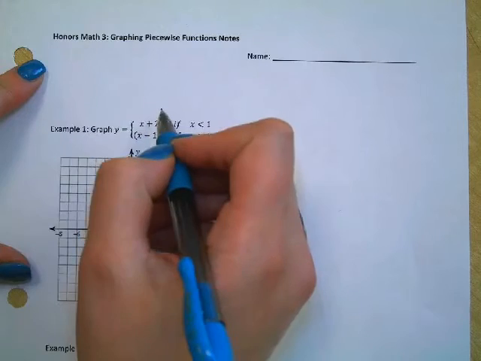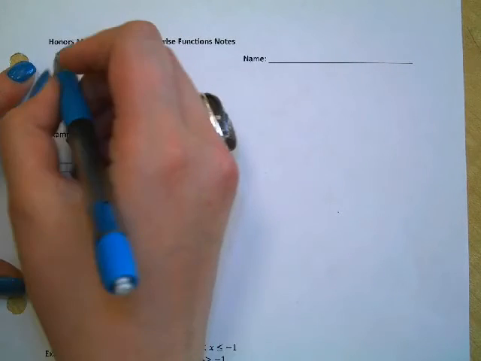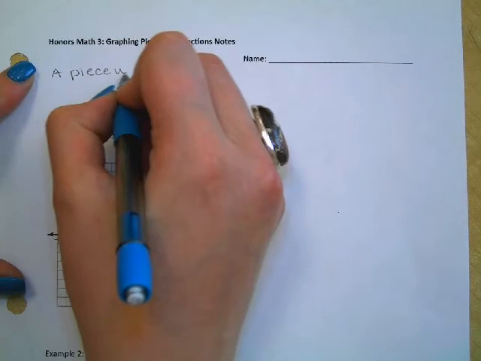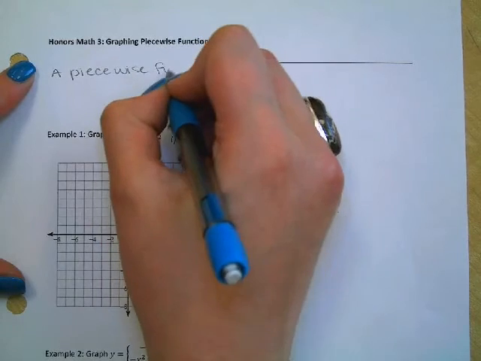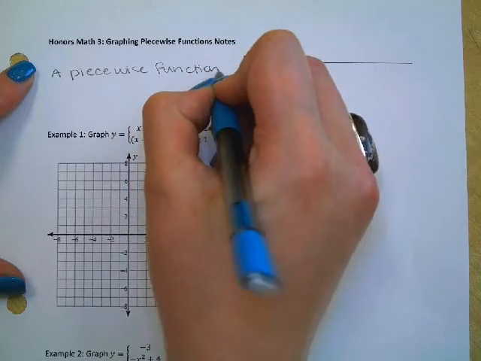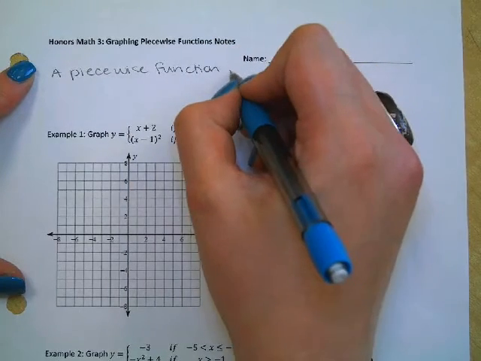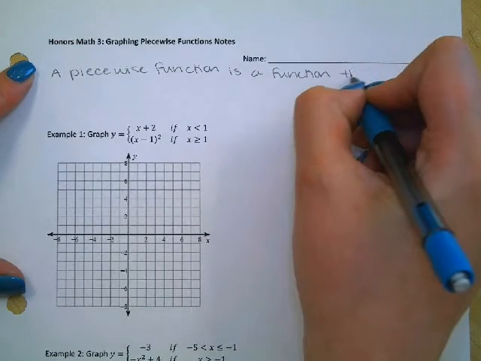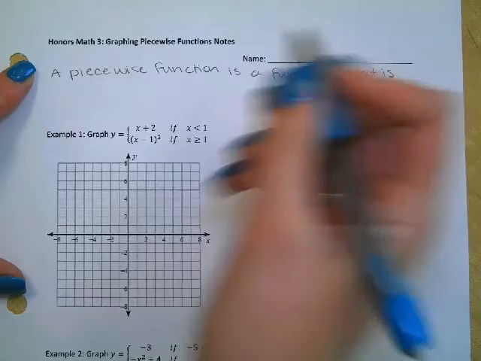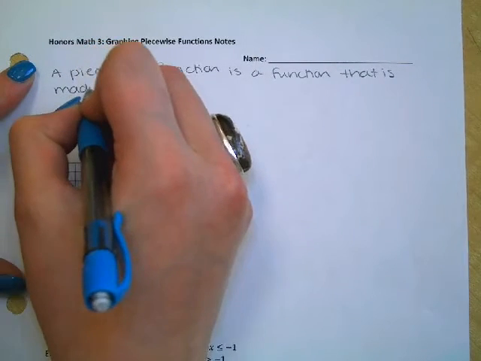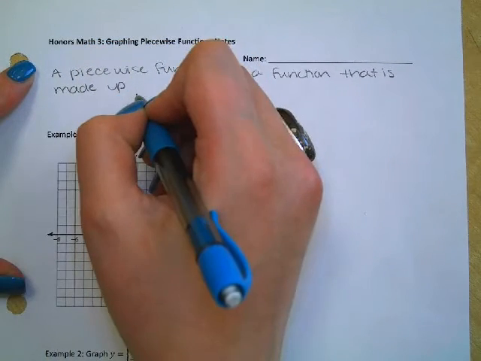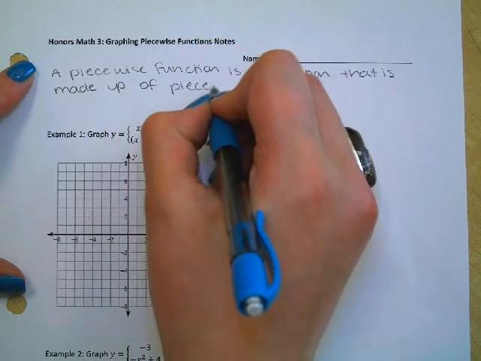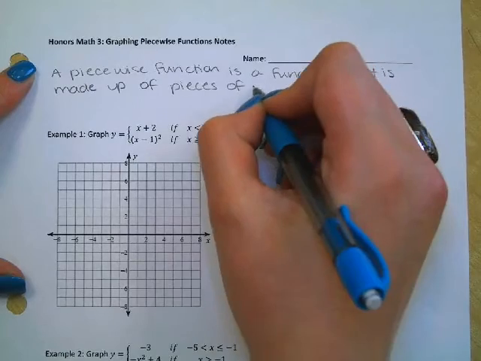And you can do that in that blank space up here on your notes. So a piecewise function is a function that is made up of pieces of other functions.